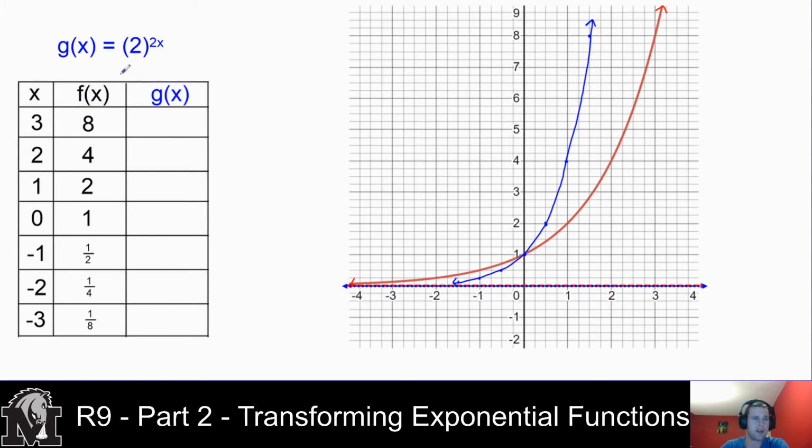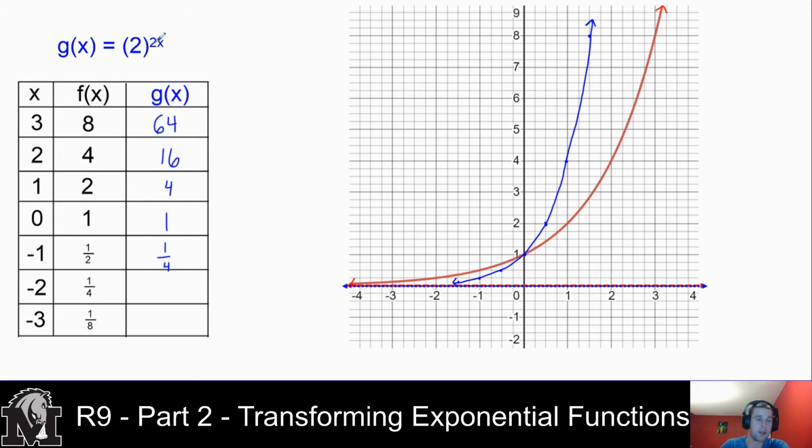So let's just plug in here for x. So 2 times 3 is 6. 2 to the power of 6 is 64. 2 times 2 is 4. 2 to the power of 4 is 16. 2 times 1 is 2, so 2 to the power of 2 is 4. 2 times 0 is still 0. Anything to the power of 0 is 1. -1 times 2 is -2. 2 to the power of -2 is 1 quarter.